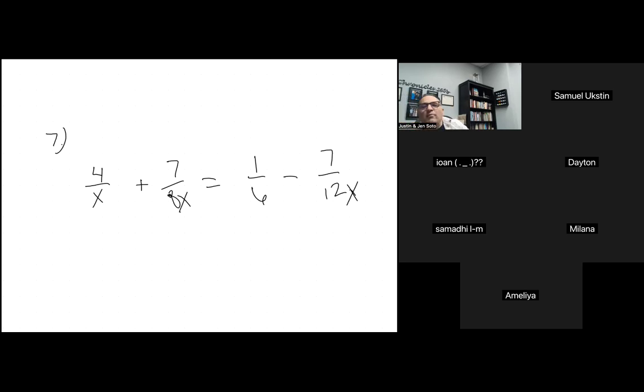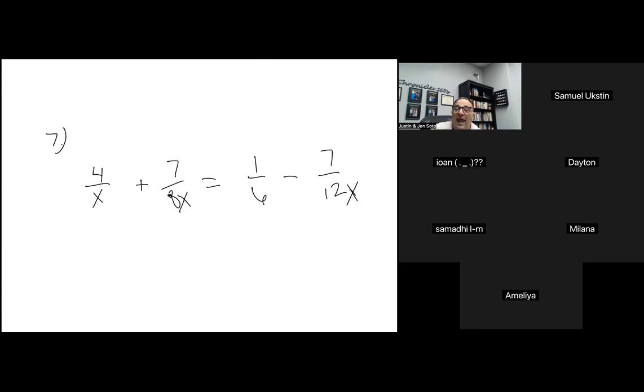Okay. So what I'm going to have to do is this. I'm going to have to multiply each spot by the least common multiple of 1, 8, 6, and 12, which is 24, and x, x, no x, and x, which is just x. Okay?